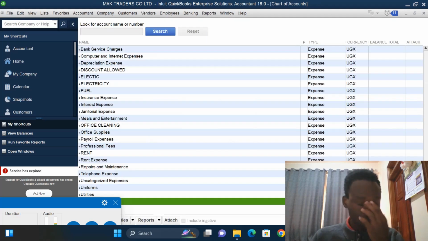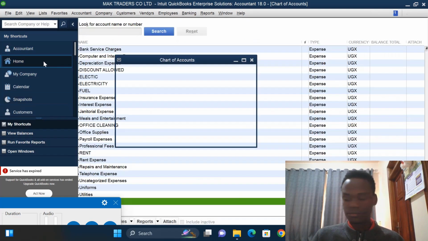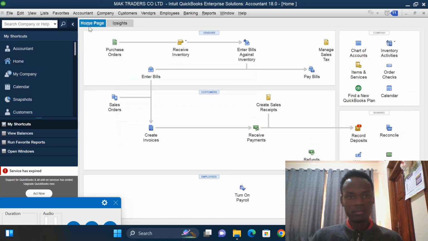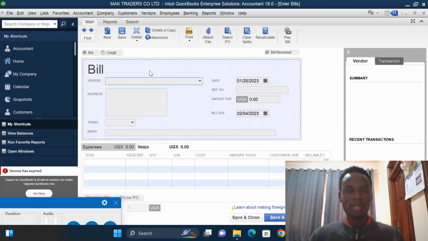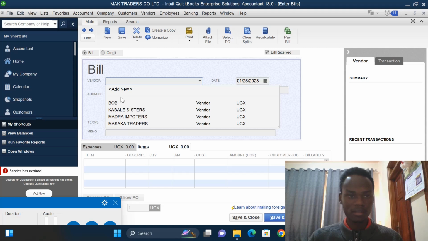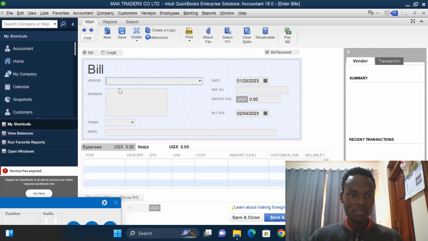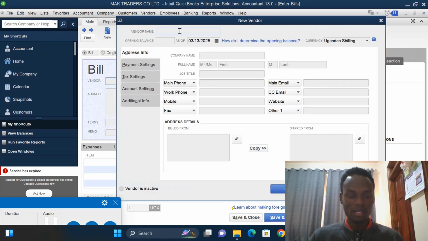So now for the next person, we shall go to enter bill for another person, that is Katata. Then we'll create, because we don't have, we shall create a vendor for her.